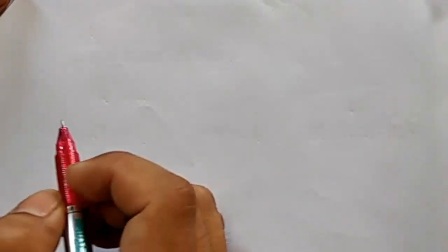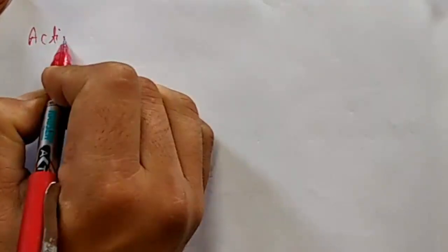Next, we can do an activity. In this activity, we can collect pieces of silk cloth of various types, and we can paste them in our notebook or scrapbook. In order to find the different pieces of silk cloth, we can go to a tailor's shop and collect pieces of different types of silk cloths.